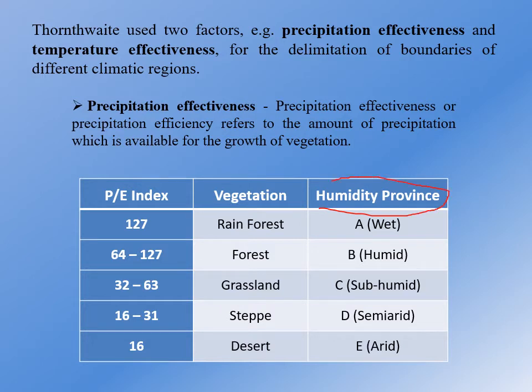Now, as I told you, Thornthwaite mainly focuses on two factors, that is the precipitation effectiveness and the temperature effectiveness.